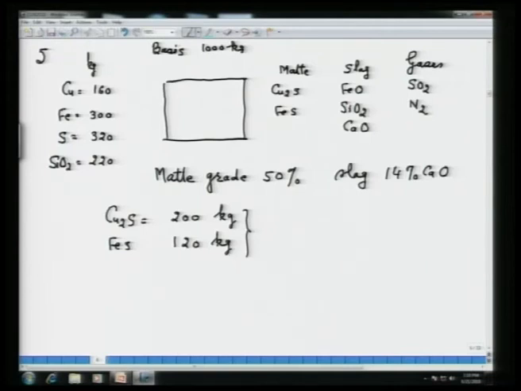Now, we have to calculate the amount of slag. Since 14% CaO is in the slag, and a little bit of the chemistry of matte smelting is also known to you, in this particular problem the slag will contain FeO, SiO2 and CaO, and that is all. There is no other source of any other component in the slag except the three I mentioned: FeO, CaO and SiO2.